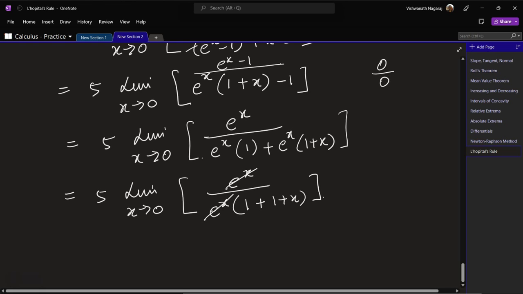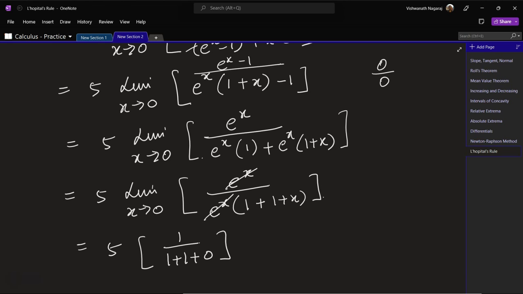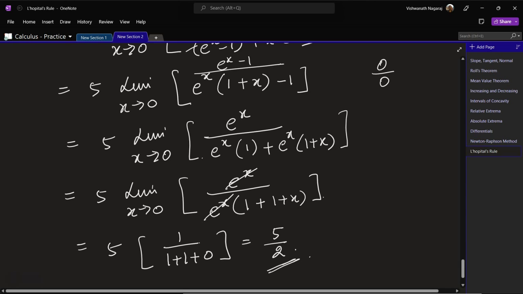So this and this cancels. And now if we take the limit, what do we get? We get 1 by 1 plus 1 plus 0, which gives us 5 by 2. So that is the limit.